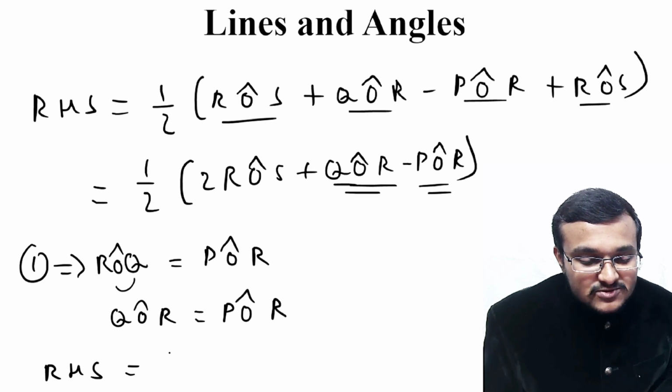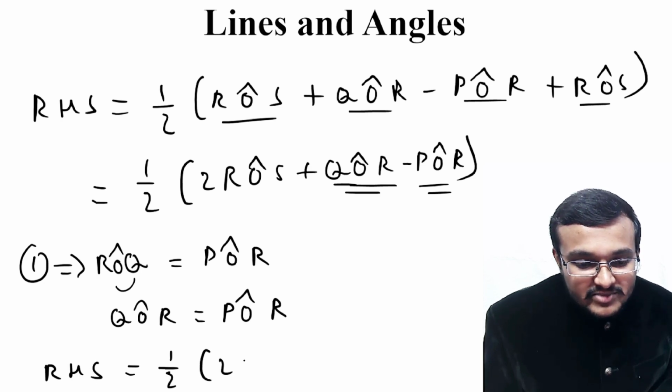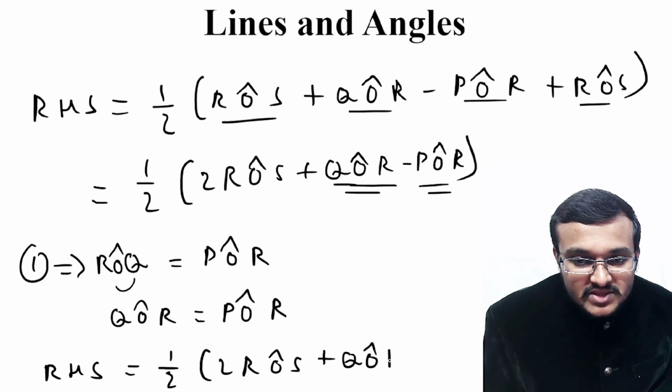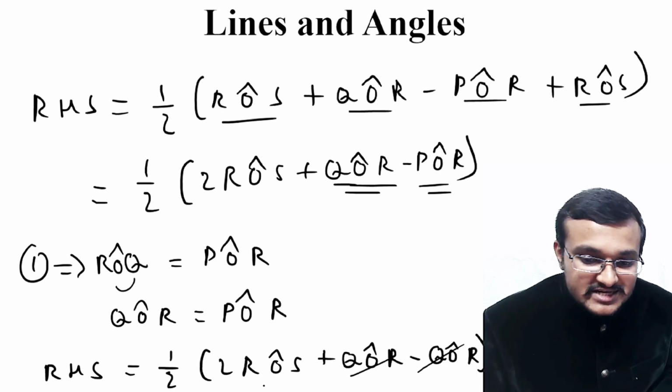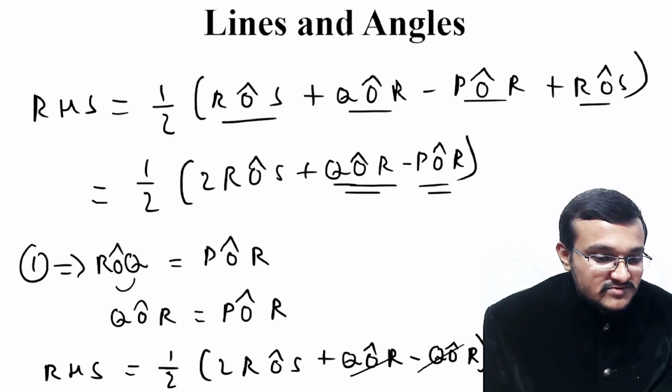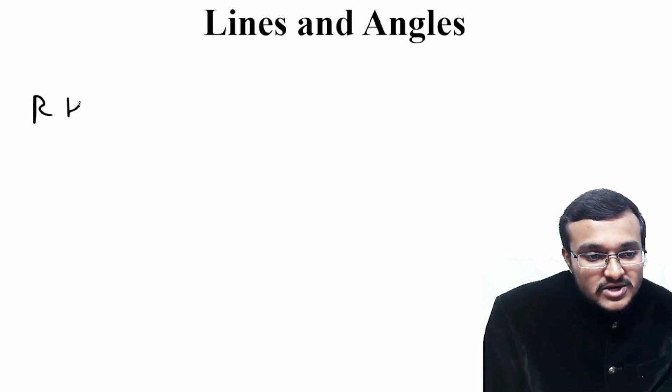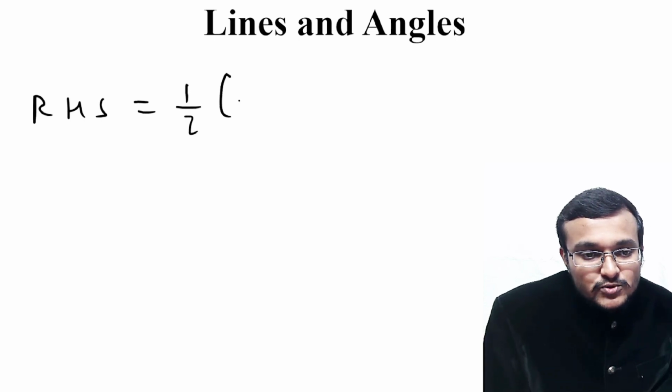Since QOR and POR are equal, in this RHS, in the place of POR, I can write QOR only. So RHS is equal to 1 by 2. In the bracket, you have 2 ROS plus QOR minus, in the place of POR, I'll write QOR only, because QOR is equal to POR. Now these two get cancelled with each other. Only 2 ROS will be remaining in the bracket. So RHS is equal to 1 by 2 into 2 ROS.